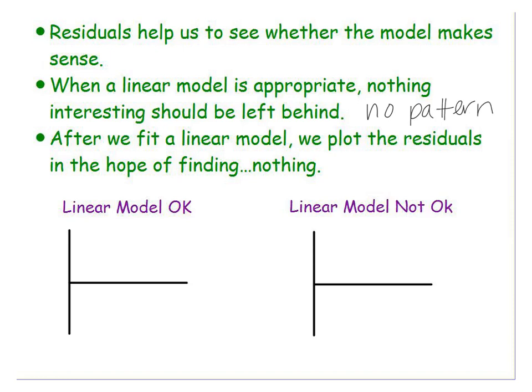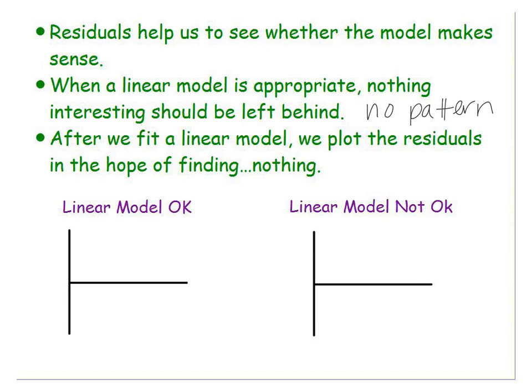After we fit a linear model and we plot the residuals, we hope to find nothing. If you see a pattern, what that means is your data shouldn't have been used to find a linear model. If you look back at your scatter plot that we drew, you should see a slight curve in it. That's why we had a curve in our residual. It means that we should have never made a linear model to begin with.